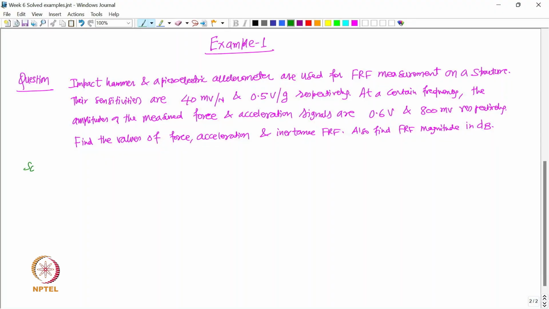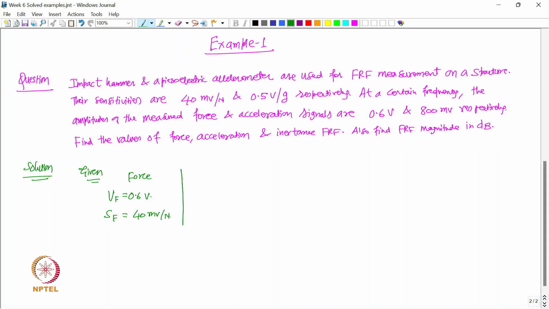So, solution. What quantities are given to us? For the force, the measured voltage, if I call this Vf, is given as 0.6 volts, and the sensitivity, if I call it SF, is given as 40 millivolt per Newton.